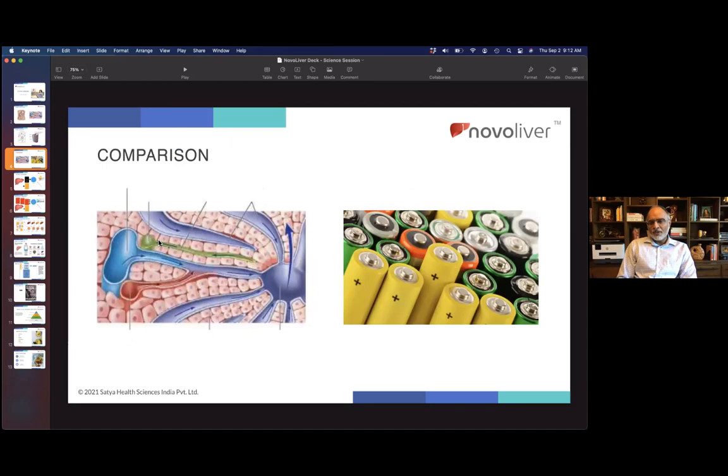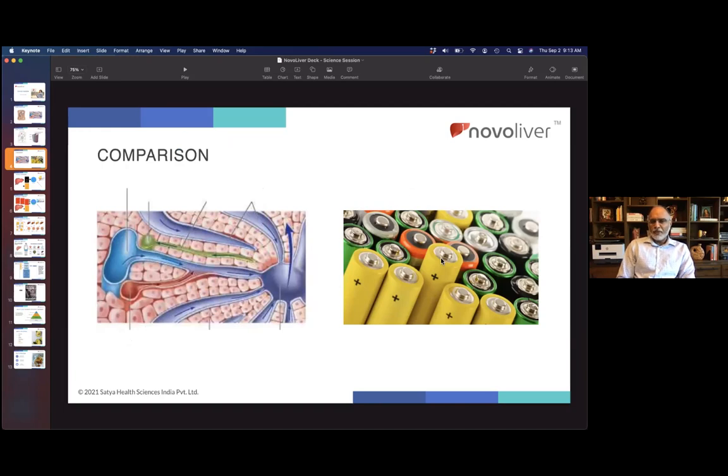Each one of these cells is its own processing plant, but together, their combined power makes the liver the most powerful organ in terms of being able to process, because there are trillions. Imagine trillions of AAA batteries running the power to your house or to your neighborhood or to your town, what have you. That's exactly what the liver is doing.